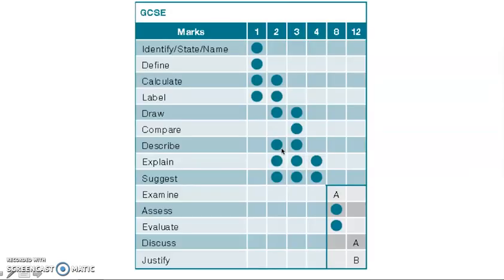If you've seen the other videos in the series, you'll know this from the exam board, and it tells you how many marks each of the different command words could be given in the exams. You'll see for assess and evaluate, they are both worth 8 marks. But do remember that some of the questions will be worth another 4 marks for your spelling, punctuation and grammar.